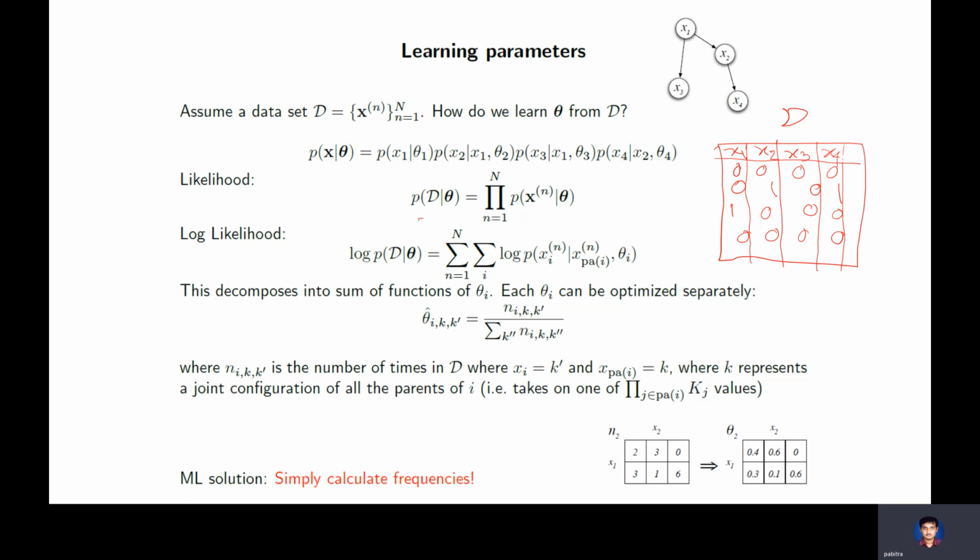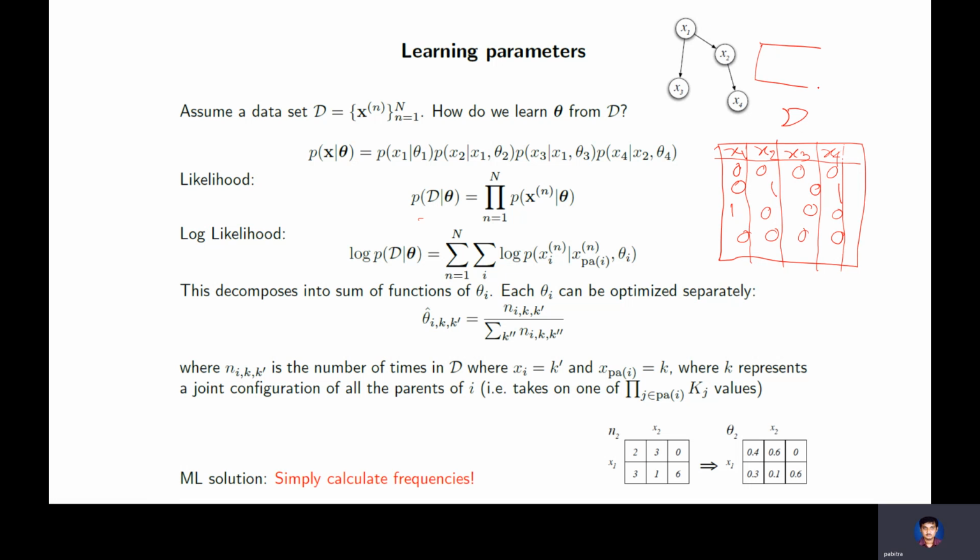And from this training set, it is very easy to find out the conditional probability table. I'll first explain in plain words. Then we will see that this can also be derived from maximizing the log likelihood. So for example, what is the probability table for x2, let's say?